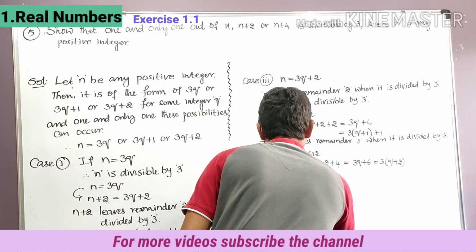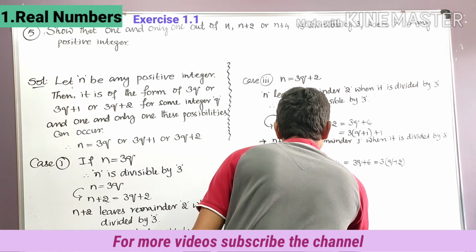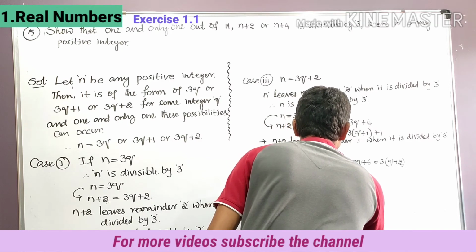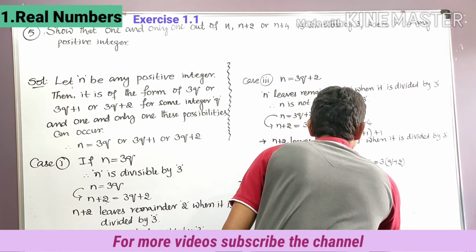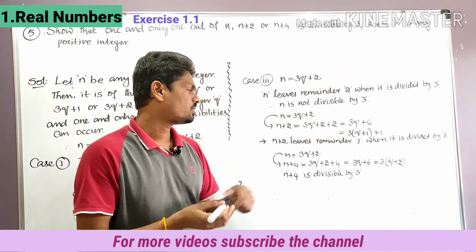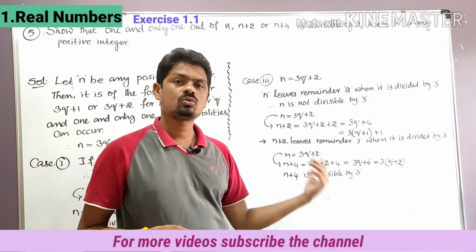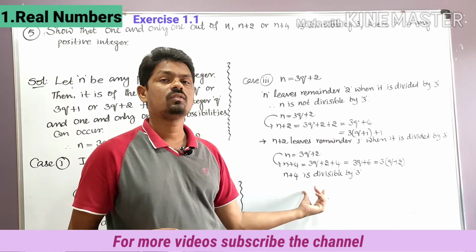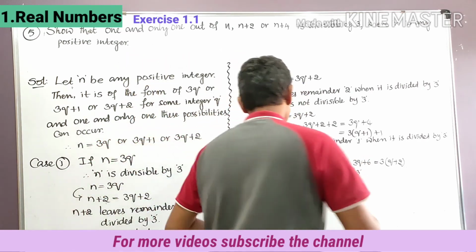Thus only n plus 4 is divisible by 3. n and n plus 2 are not divisible by 3 when n is equal to 3q plus 2.